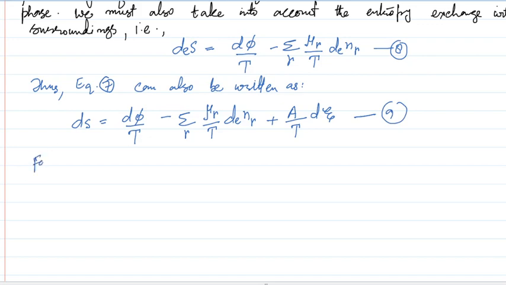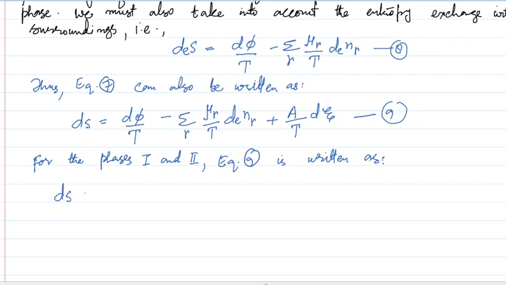So for the phases first and second, this equation 9 is written as, we will now take these phases individually, so we can transform this equation as, that means dS can be written as d phi of the first phase upon T1, that means the temperature of the first phase, plus d phi of the second phase upon the temperature of the second phase, minus summation gamma.